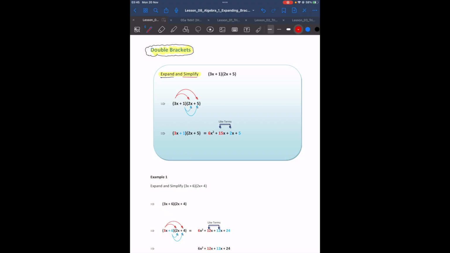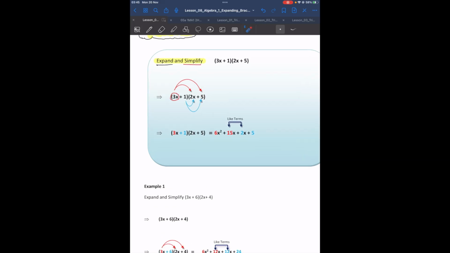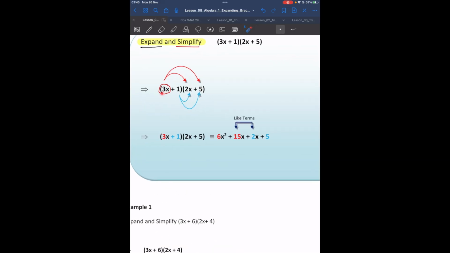And we're going to multiply the 3x in the first bracket by everything in the second bracket. So we're going to multiply the 3x by 2x, and then we're going to multiply the 3x by the plus 5.